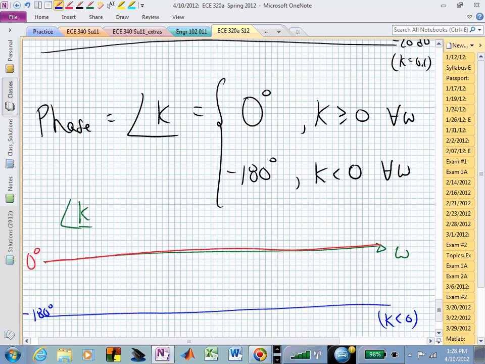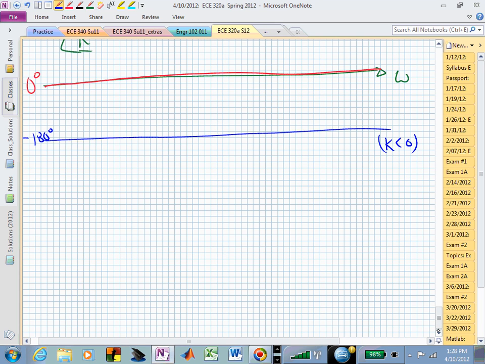Questions on that? That's our gain. That's pretty easy. You just put your transfer function in time constant form and look at your gain, and now you've sketched the Bode plot for the gain term. So to sketch Bode plots, we need the transfer function in time constant form. That's the first thing that we really have to do.